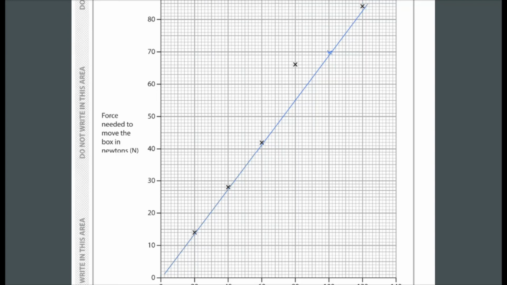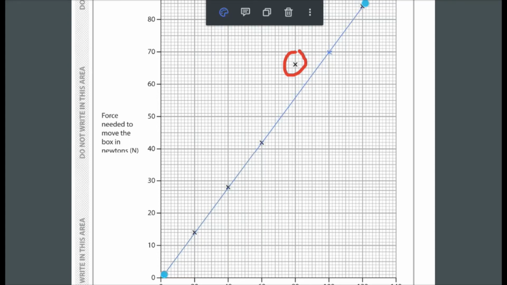So we'll mark the anomalous point. It has to be this one. And we will put this line. You can see it's properly going through all the points nicely. You can draw it to the 0 point as well.